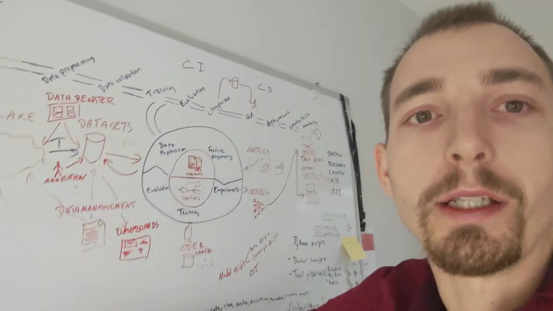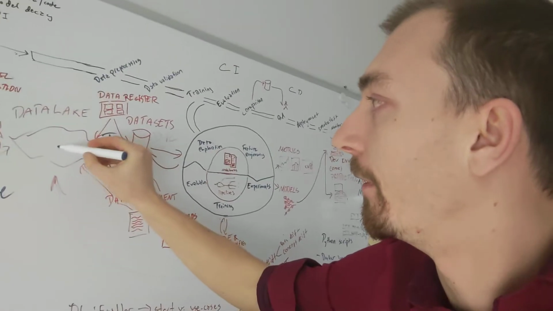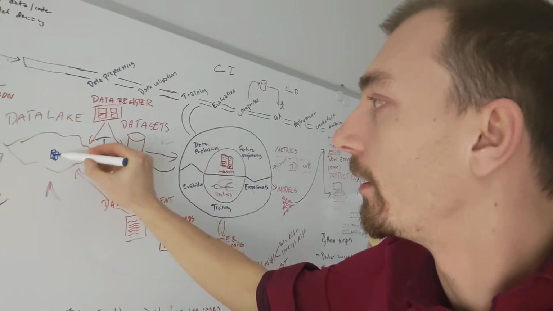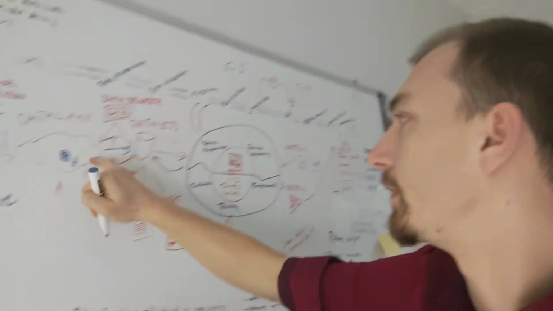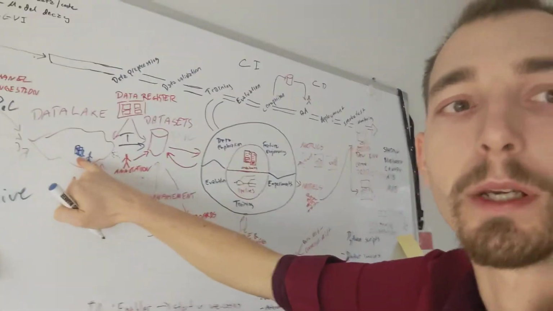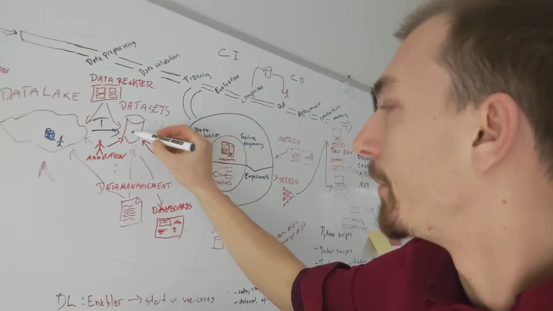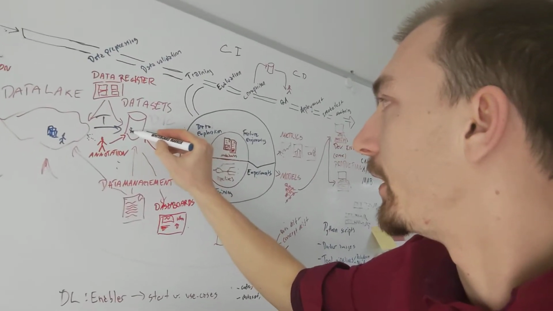So for example, if person A asks to be forgotten, he might have 100 pictures in the data lake where he is depicted. It might be 8 out of these pictures in the data set.